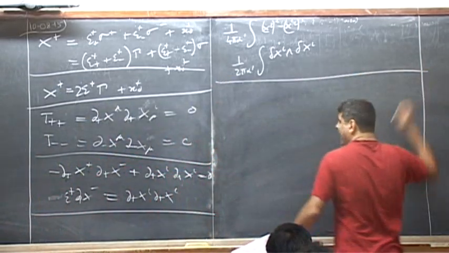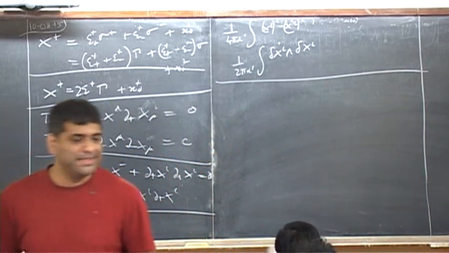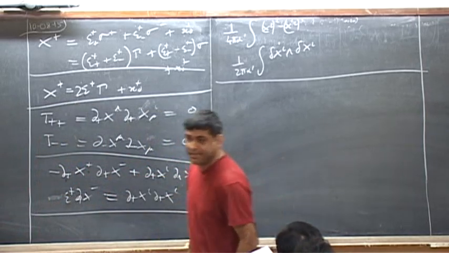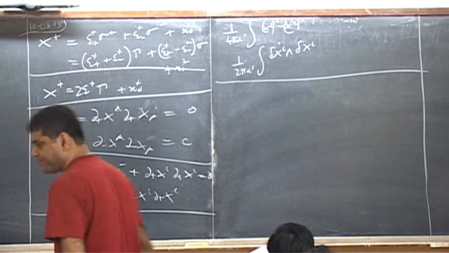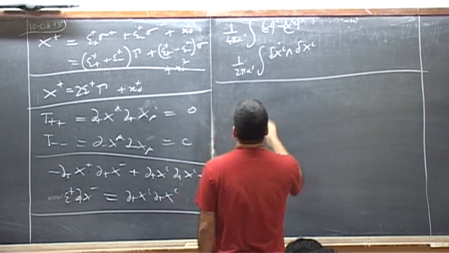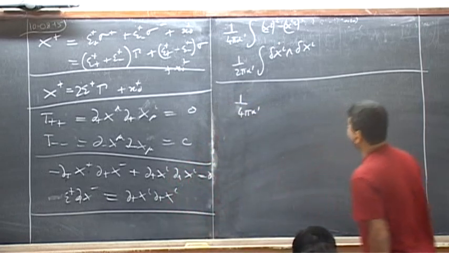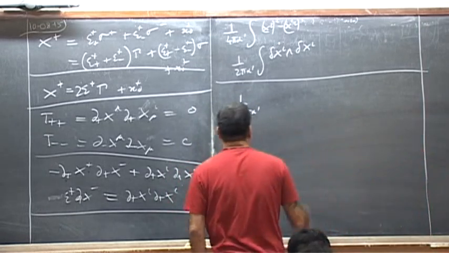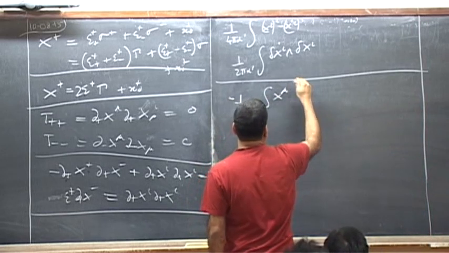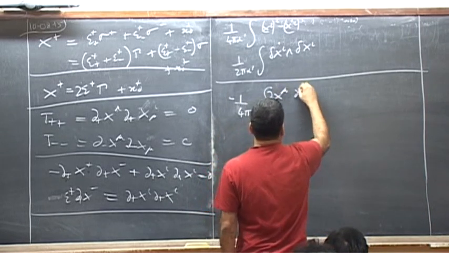But before proceeding to complete the quantization in I space, I just wanted to remind, let's also work out what the symplectic form was in the plus minus directions. So in the plus minus directions, what do we have? We have 1 by 4 pi alpha prime, and then the action was with the minus x mu del alpha x mu del alpha x mu.